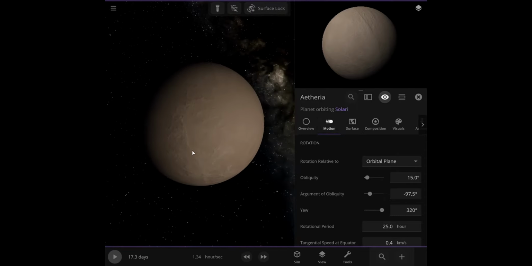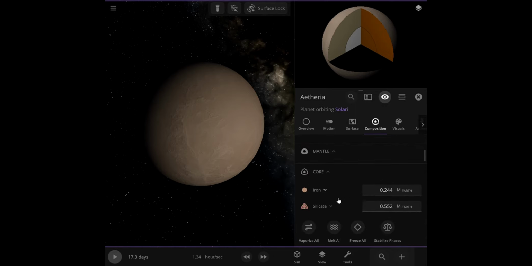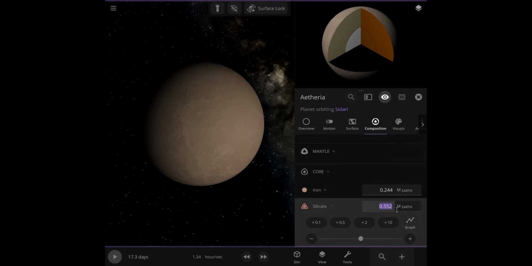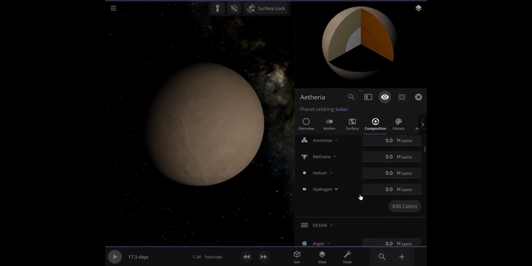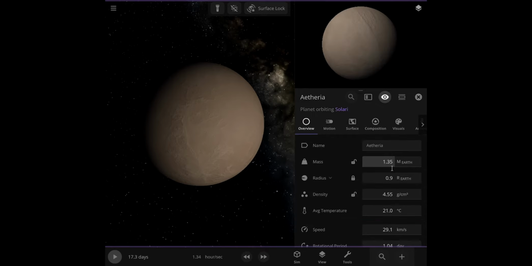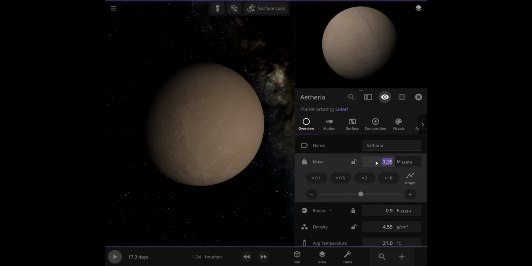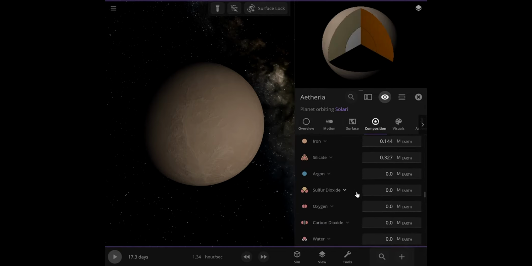Etheria is rocky with a metallic core, meaning that we scroll up, go to the core section. There should not be, we're going to take this and get rid of that, and then go up to the mantle. Oh, we got show all. Go to the mantle and then give all this silica. Why did it give all that?